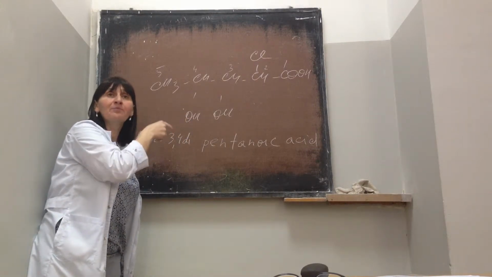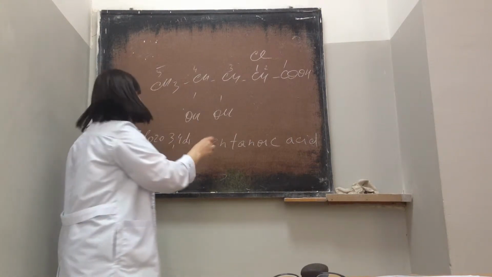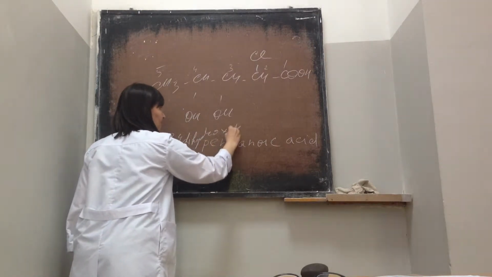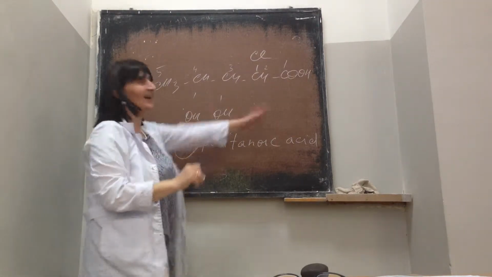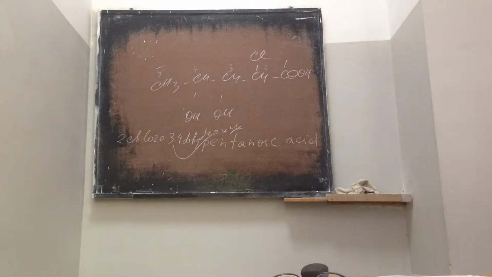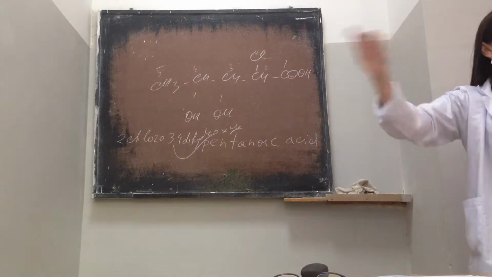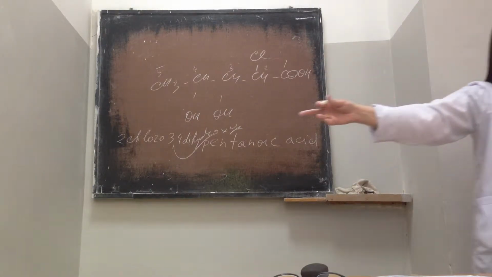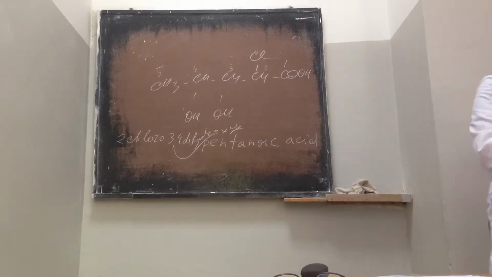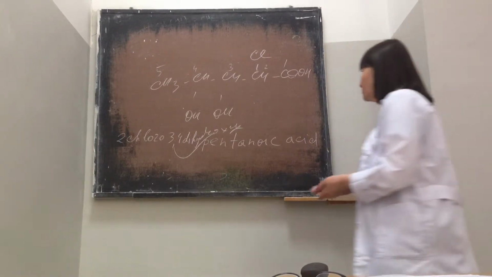Here you need di because you have the same group twice. Dihydroxy pentanoic acid. So look carefully. If you have 2 COOH groups at both ends of your structure, then you have a dioic acid. Dioic means that you have 2 COOH groups.